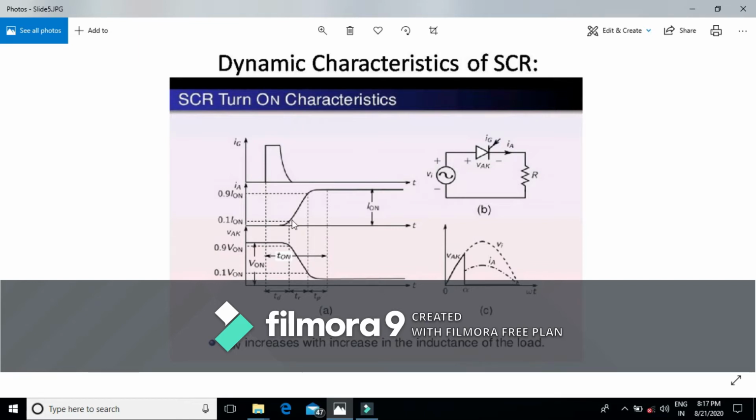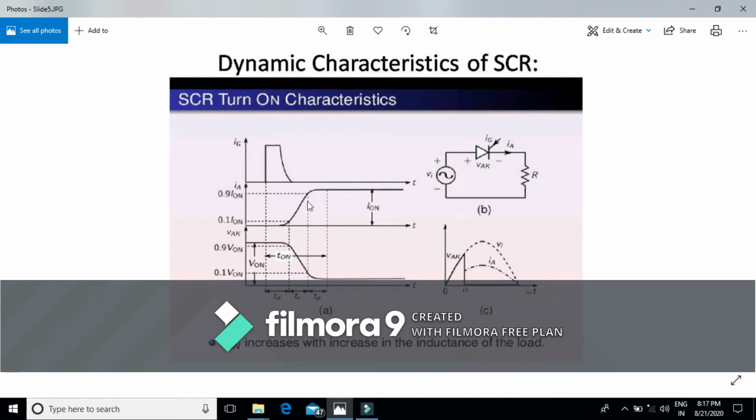Rise time is defined as the time taken by the anode current to reach up to its 80%, or we can say to rise from 0.1 I on to 0.9 I on.